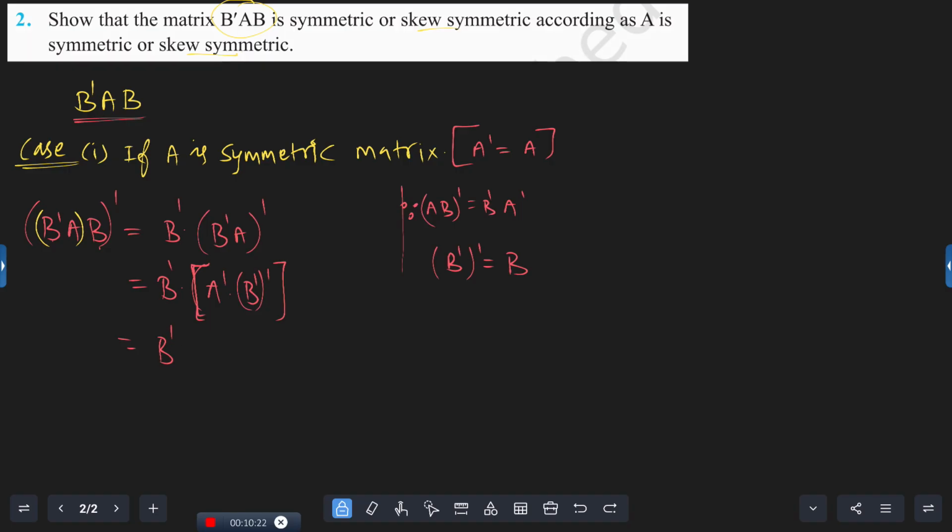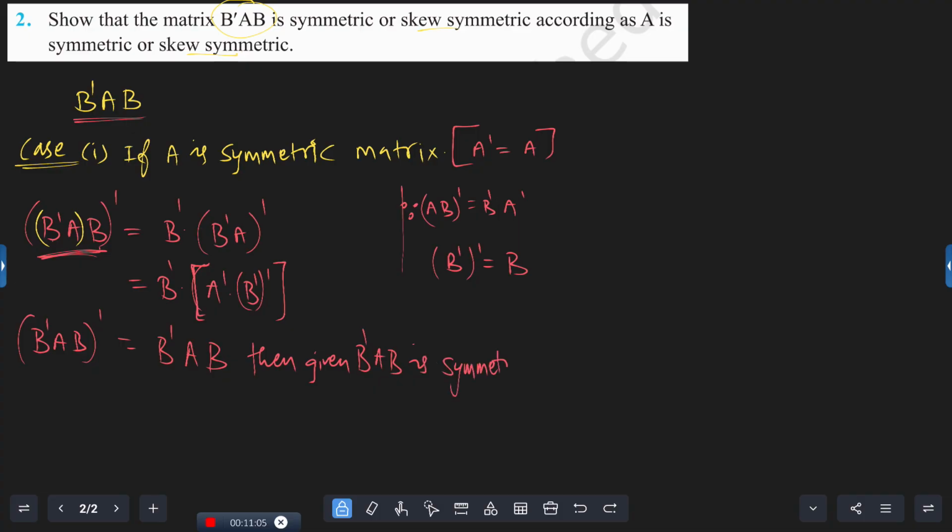Now this middle A dash will become A. B double dash will become just B. So when you take the transpose, inside the bracket we get the same expression, B dash A B. If you get the same expression without a dash, what can you say? Symmetric you can say. So the given B dash A B is symmetric.